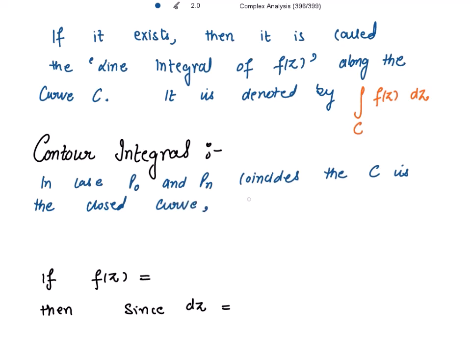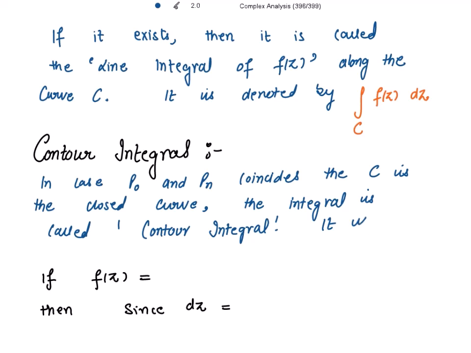In this case, the integral is called the contour integral, and it is denoted by the closed integral of f(z) dz over the curve C. This sign means the curve is a closed curve, right?